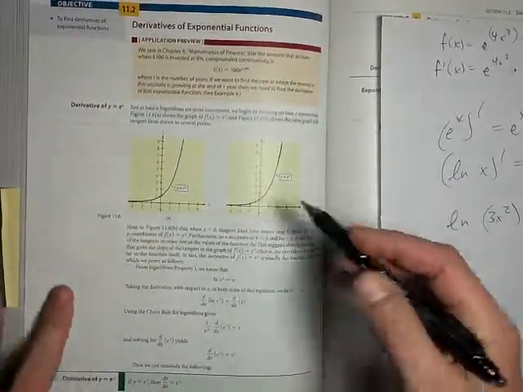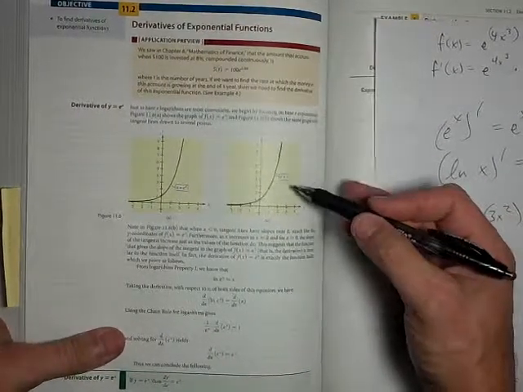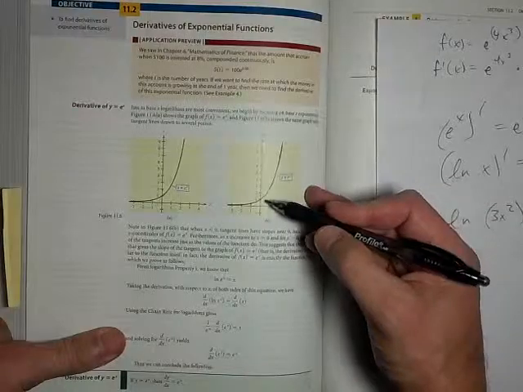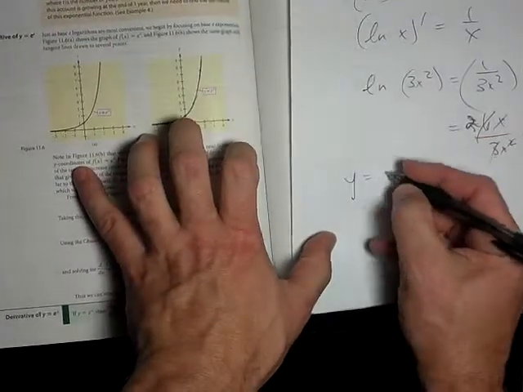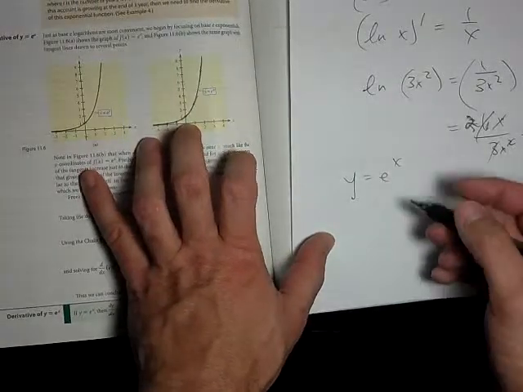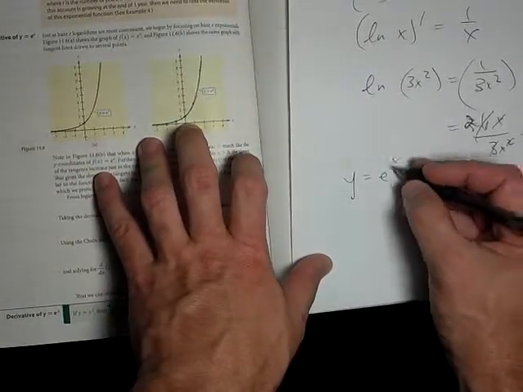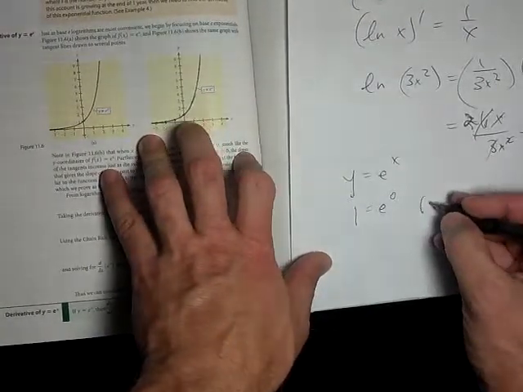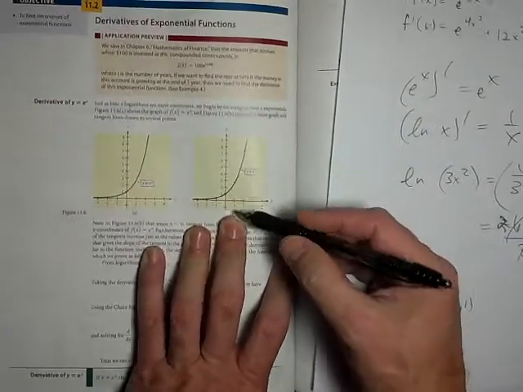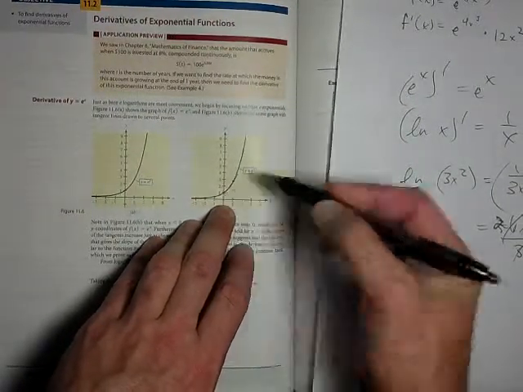To give you an example, if we want to plot these points, we're doing y is equal to e to the x. If we plug in 0, we get e to the 0, that's 1, which means that one of the points is 0, 1. So right here, you can see 0, 1 is one of the points.